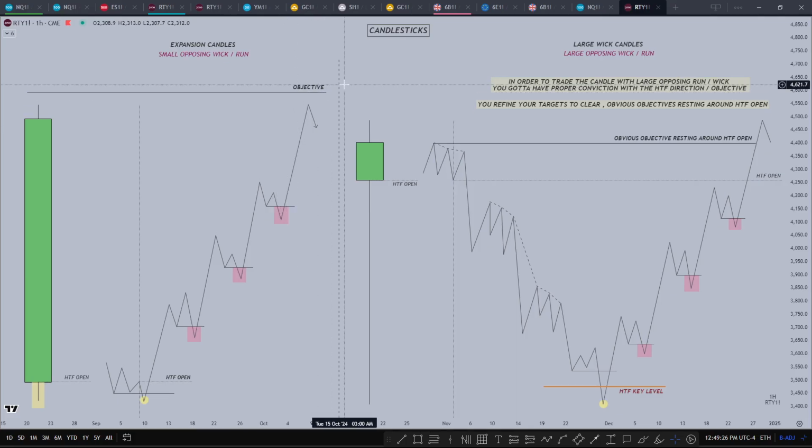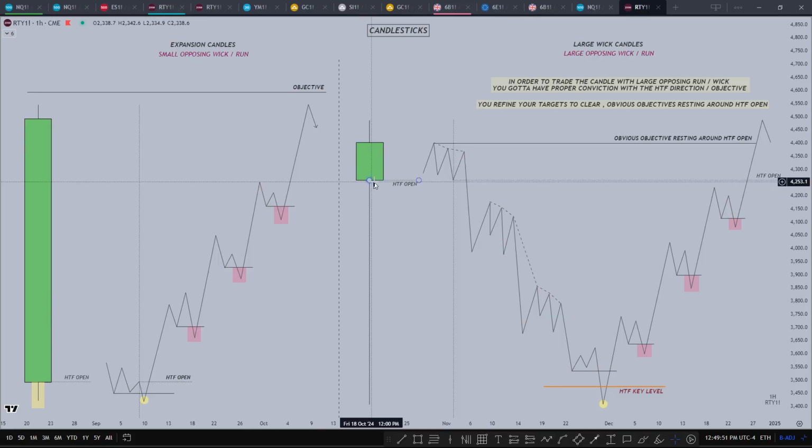But candles with large wick don't go that far away from the candle's open, just around the candle's opening price. This candle moves far away from the opening price, so we can easily trade this. This is also tradable, but you have to follow certain rules. I will talk about them and show some examples.